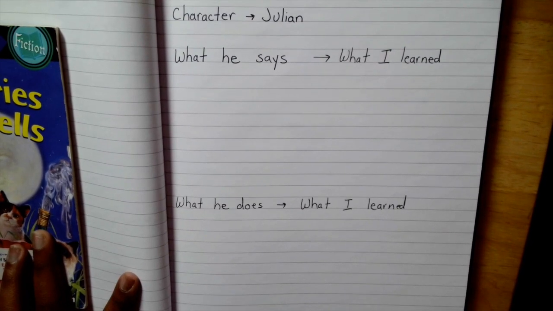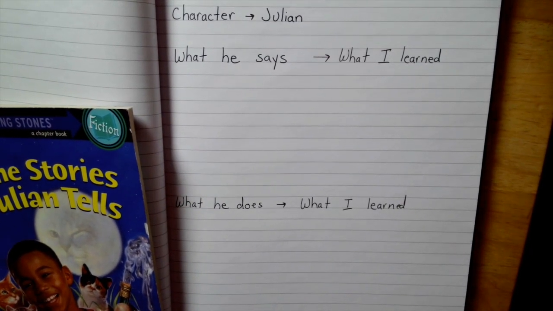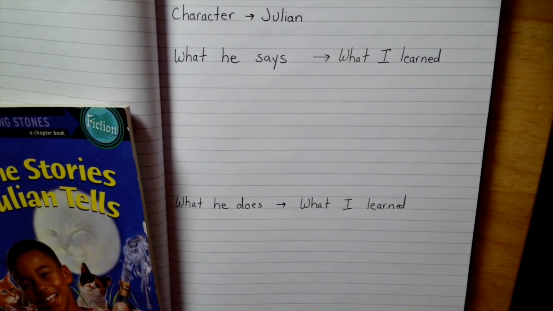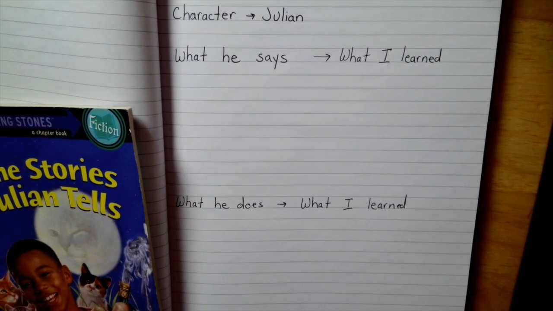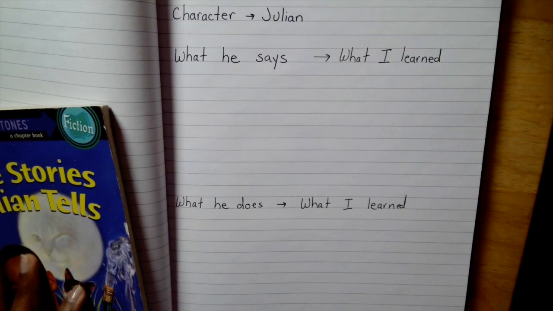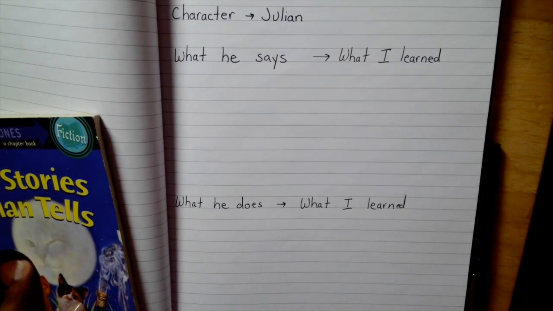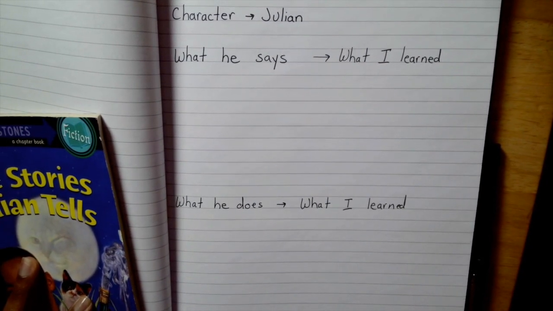So, if you haven't already listened to the first part of this story, I suggest you go back to the previous videos, part 1 and part 2, and listen to the story or read along with me, because today I'm just showing you the strategy and I'm going off of the understanding that we already kind of know the book.